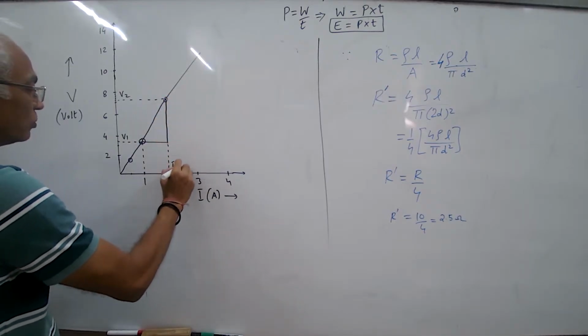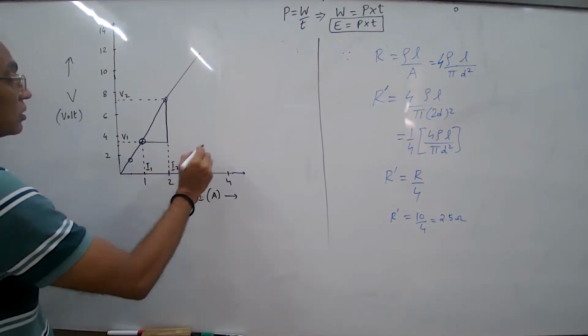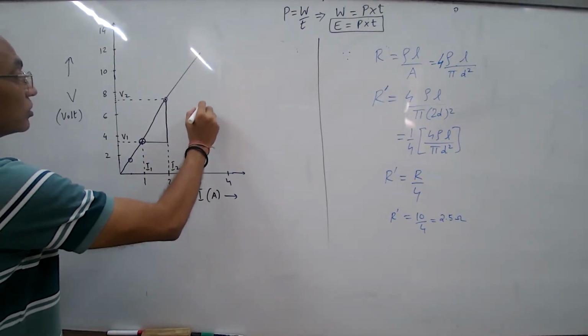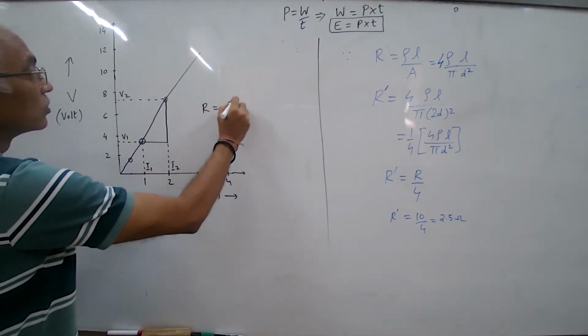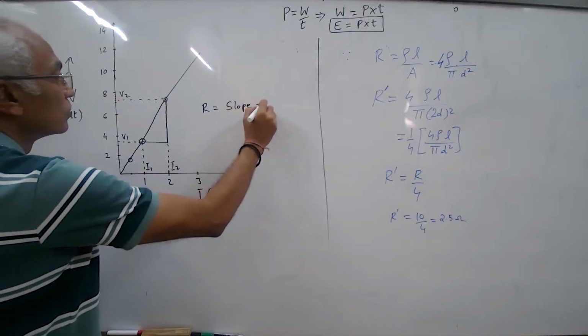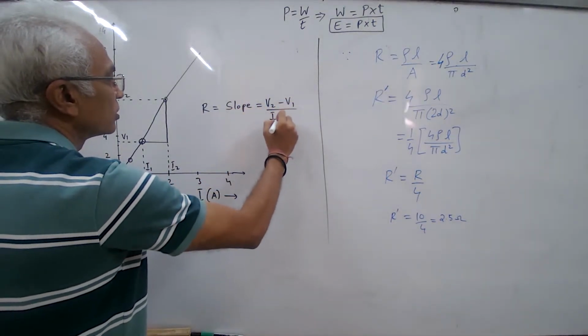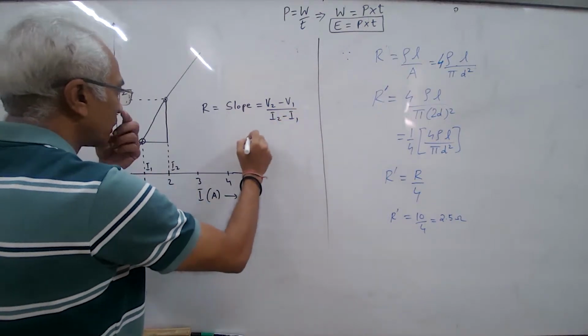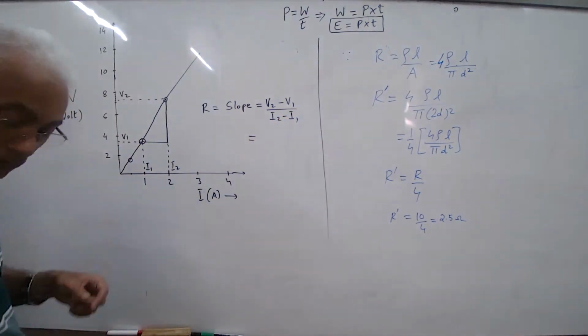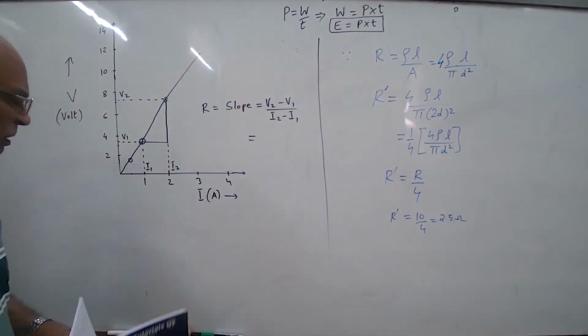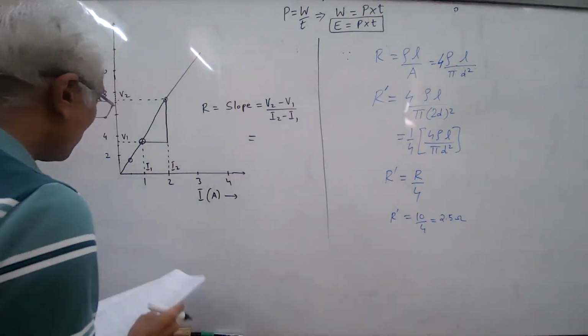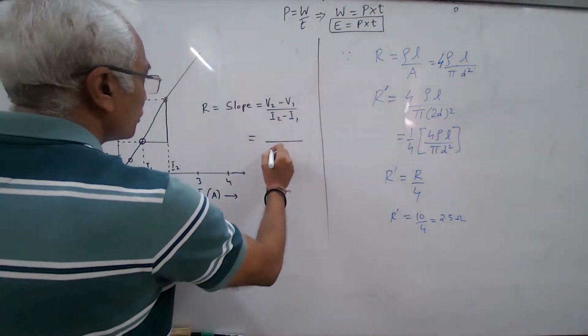This will be I2. This is I1. So slope is V2 minus V1 divided by I2 minus I1. What is I2? I2 is 2.